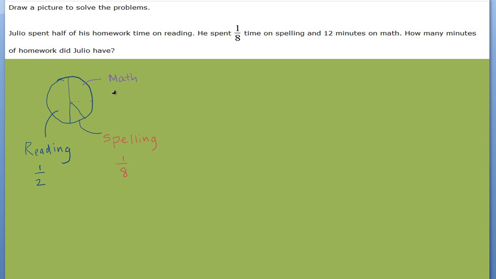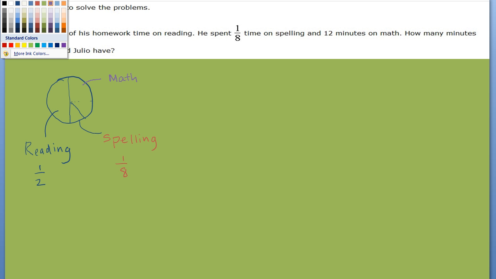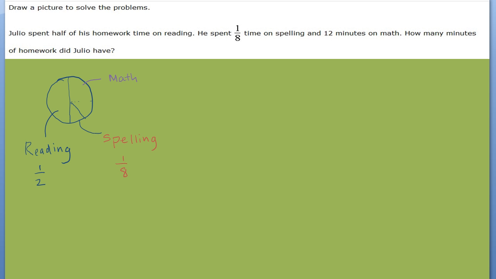Now what we have to do is figure out what fraction of the whole he spent on math. We know that half was spent on reading and an eighth was spent on spelling. If we break up each piece into 8 equal parts, we'll find the fraction he spent on math. Pretend I draw this line.